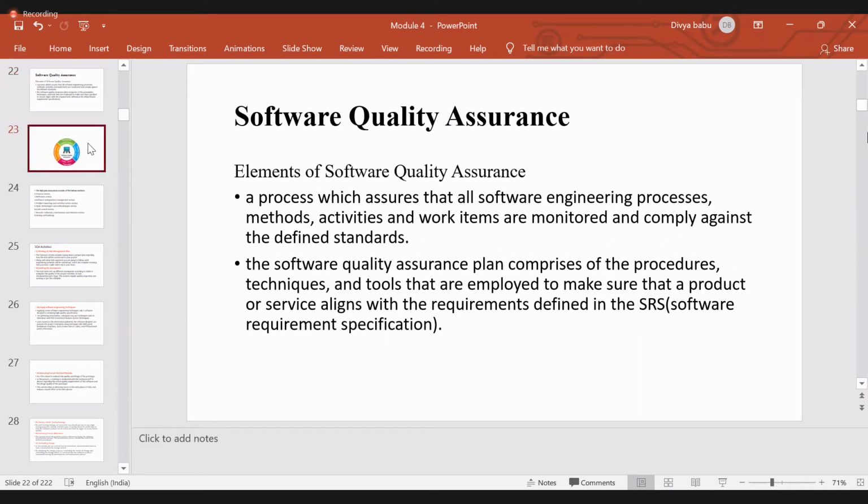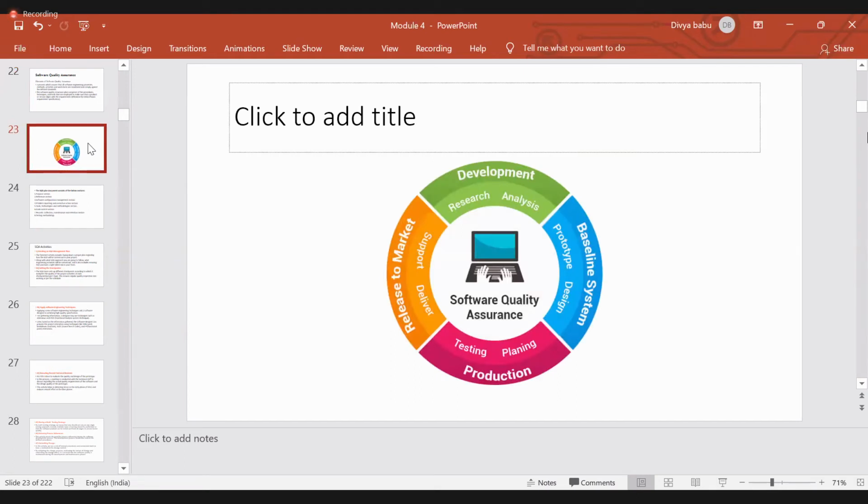Here there is a diagram which shows software quality assurance. This is one of the umbrella activities we learned in the first unit.